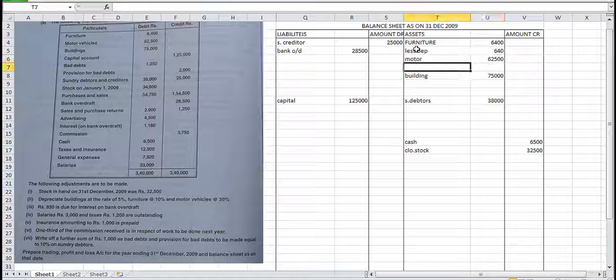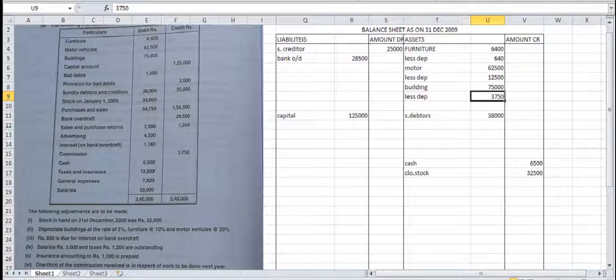Then motor, less depreciation, motors 12,500 we have created. For building, less depreciation is 3,750, 5%. We can also change the colors of these amounts.